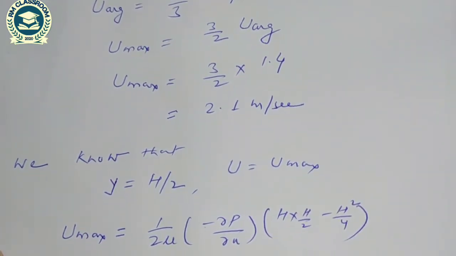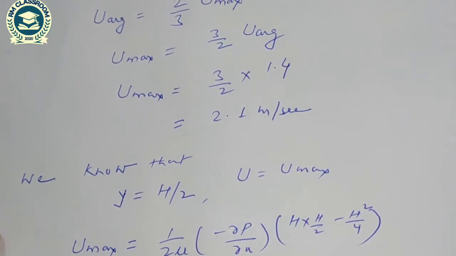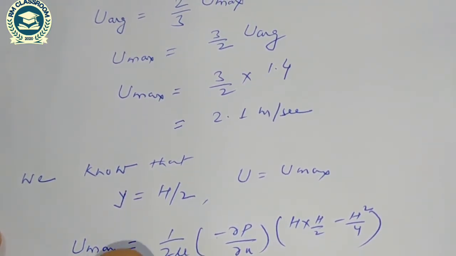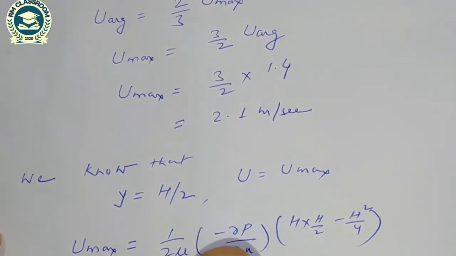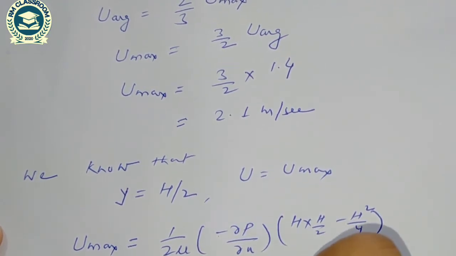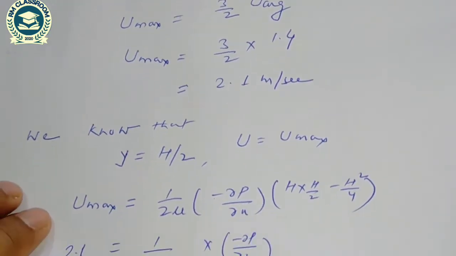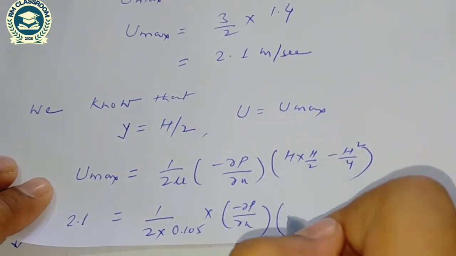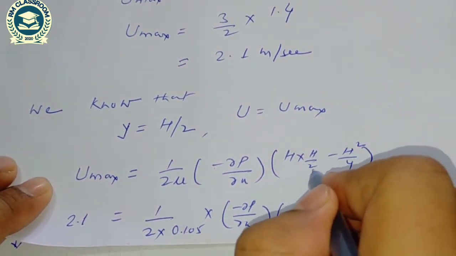So it is coming 1 by 8 mu minus del p by del x into h square. So maximum velocity 2.1 is equal to 1 by 2 into mu is 0.105 into minus del p by del x into (h square by 2 minus h square by 4).